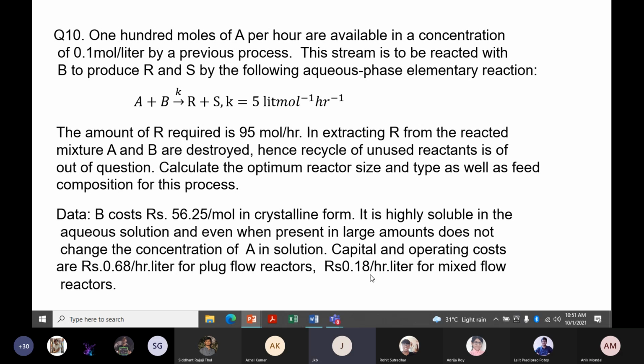Mixed flow, it is less. PFR, it is more costly. So we have to optimize, that is plug flow is costlier than mixed flow, whether it is feasible to use a plug flow. So this type of optimization cases in real life you have to do.